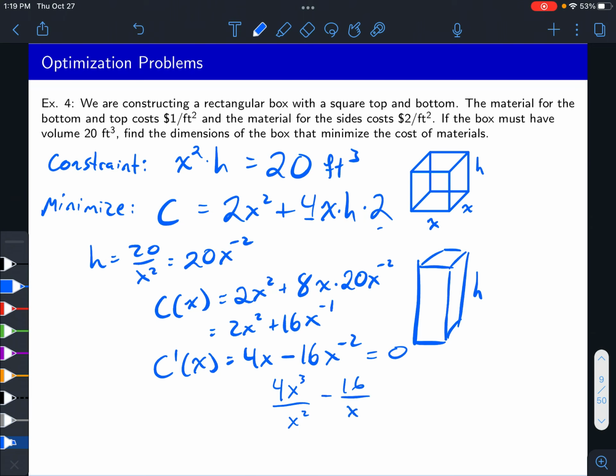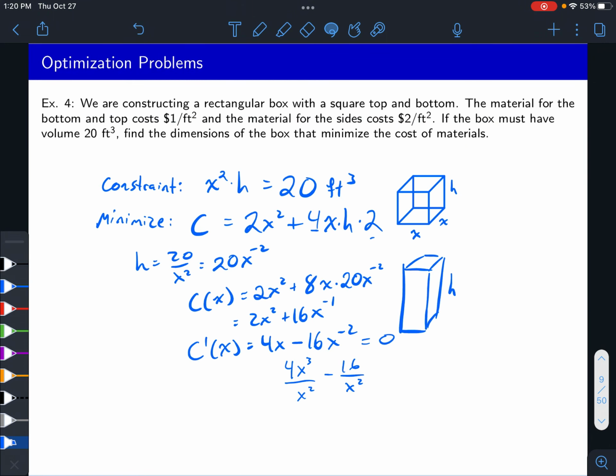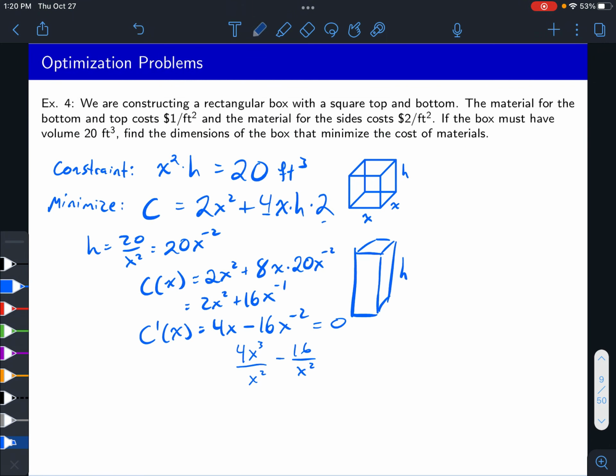And this is equal to 160 over x squared. That's equal to 0. And so I could then make this 4x cubed minus 160 all over x squared, set that equal to 0.